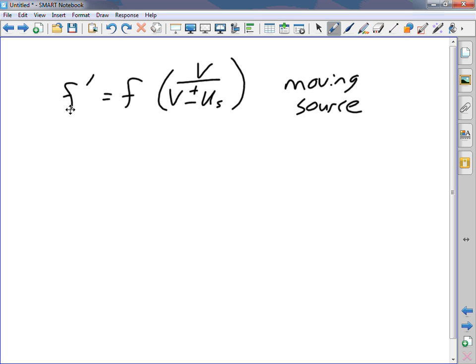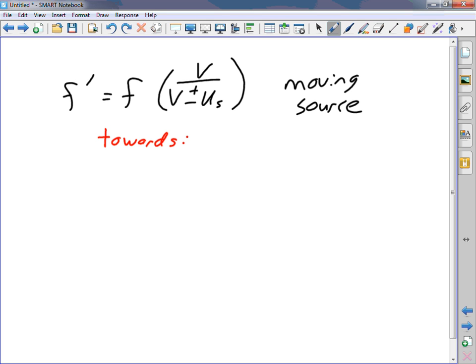Now let's figure out whether I want to use plus or minus here. If the source is coming towards you, you're the listener, you're stationary, the source is coming towards you, you'll want to use a plus or a minus? Look at the frequency whenever the thing is coming towards me. Does the frequency go up or does the frequency go down? It goes up. Frequency goes up when the source is coming towards me.